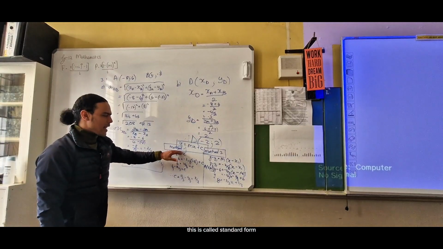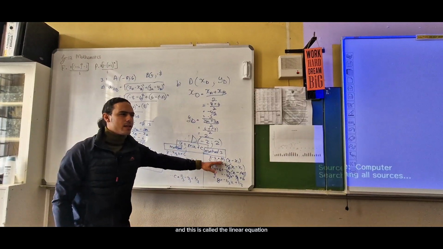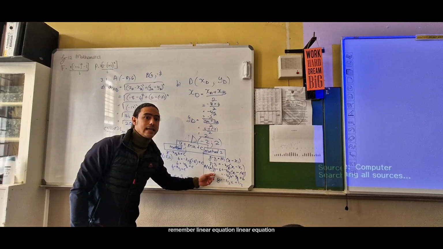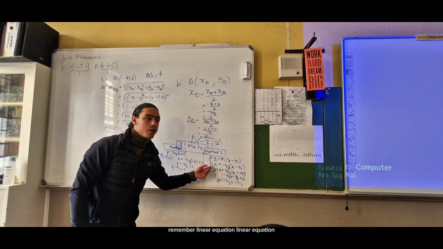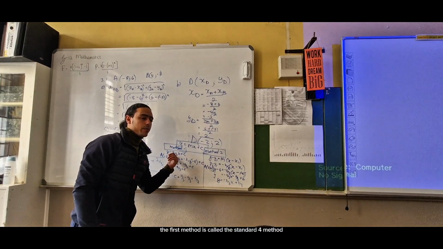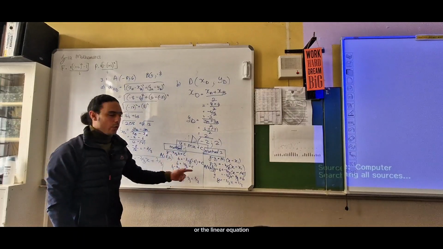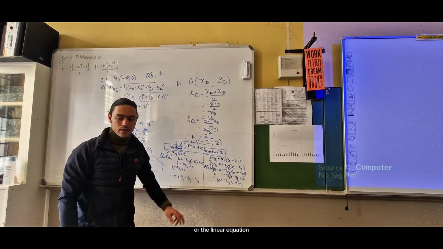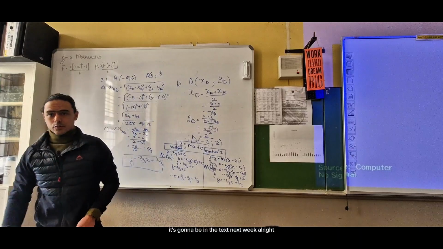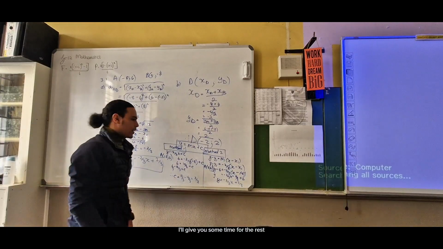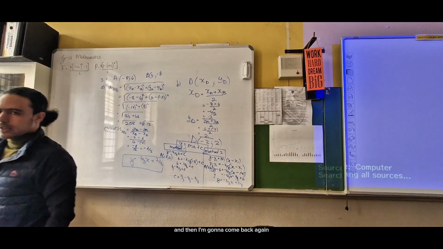This is called standard form, and this is called the linear equation. Remember, linear equation. So the first method is called the standard form method or the linear equation. It's going to be in the text next week. All right, I'll give you some time for the rest, and then I'm going to come back again.